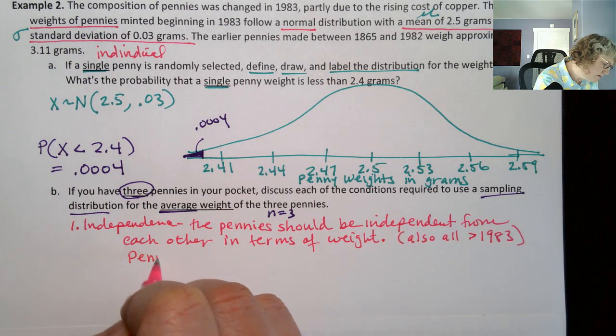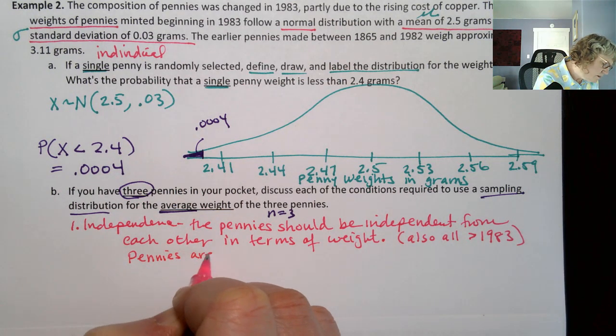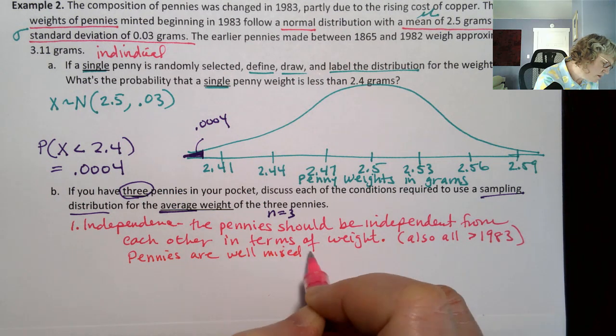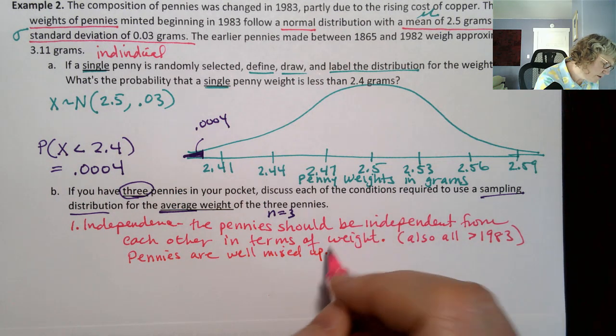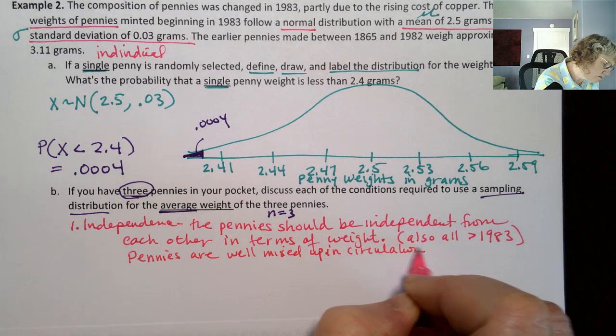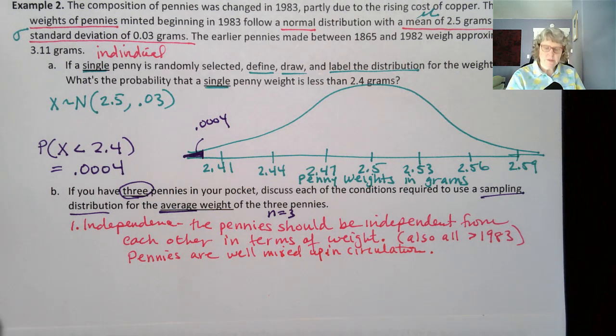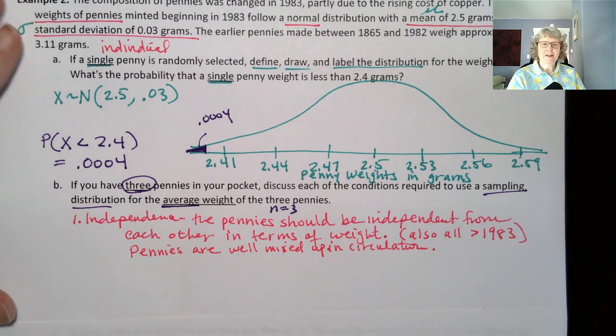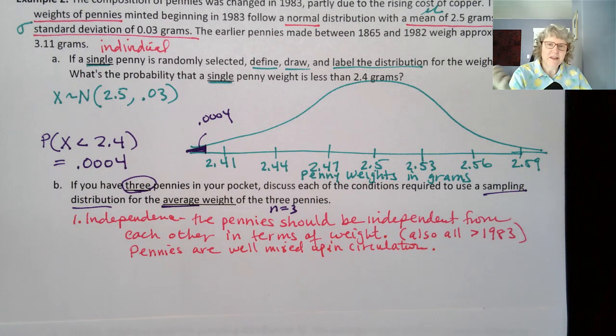I'm going to say pennies are well mixed up, as in circulation. Okay, so they probably would be. It'd be pretty rare to have like 3 pennies from the same minting batch in your pocket, right? I think that would be pretty rare.